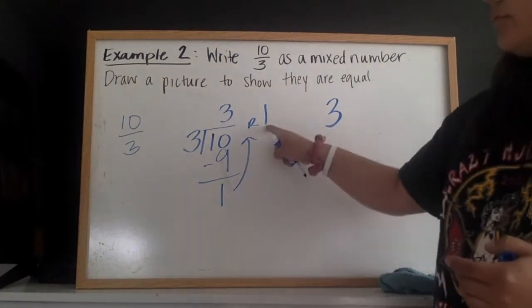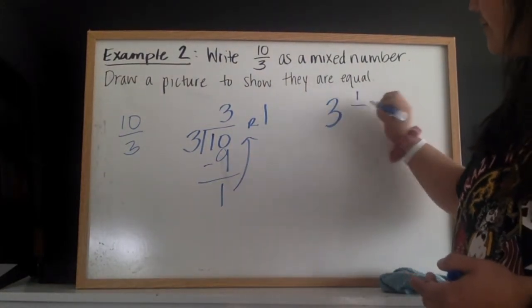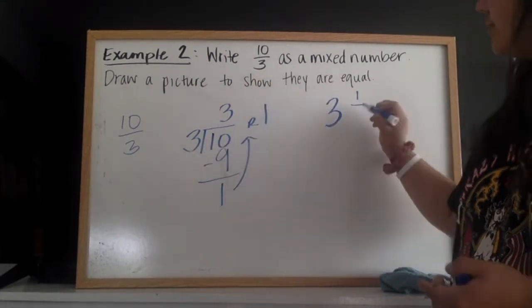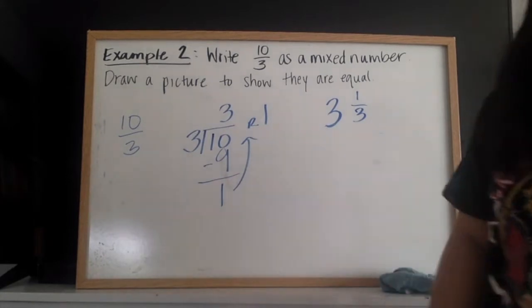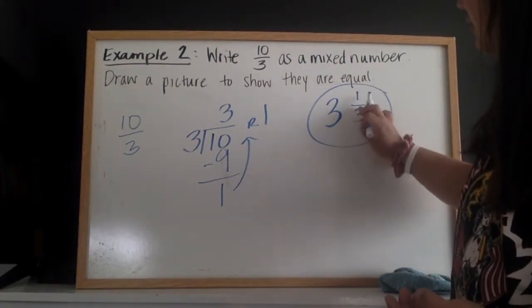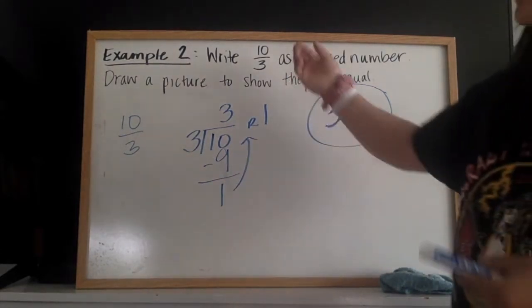And then I had a 1 remainder. So my numerator is 1. My denominator is 3, which up here is 3 too. So 3 1/3. Now we have to show a picture to prove that 3 1/3 is the same as 10/3.